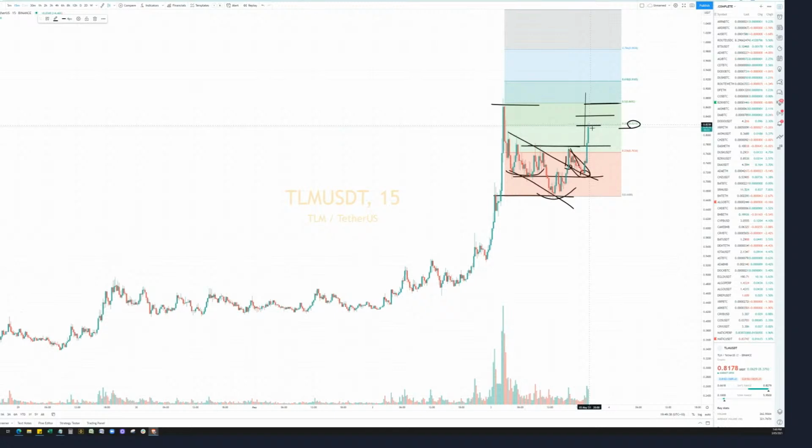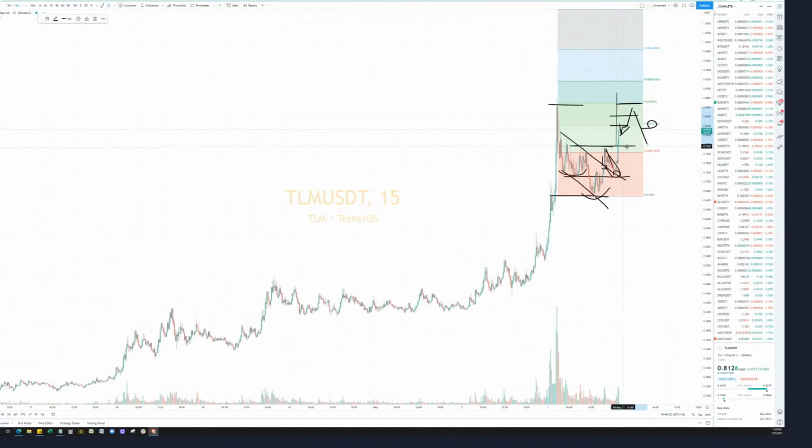My guess is it'll do a bull flag here of some sort, and then either reach this or get close to it, and then down. Then it'll play out some big macro formation on there.